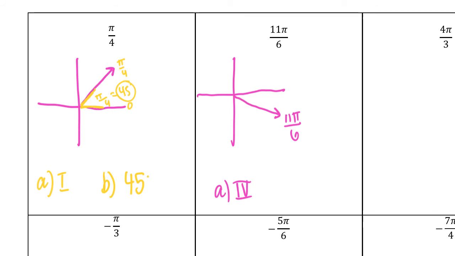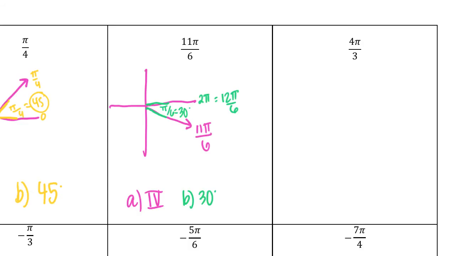We're trying to find the reference angle, which is the angle formed between this end side and the x-axis. The x-axis is 2 pi, which is just the same thing as 12 pi over 6 if we're looking at it in the same denominator. How far apart are 11 pi over 6 and 12 pi over 6? They're pi over 6 apart. Pi over 6 is equivalent to 30 degrees. So our reference angle there would be 30 degrees.